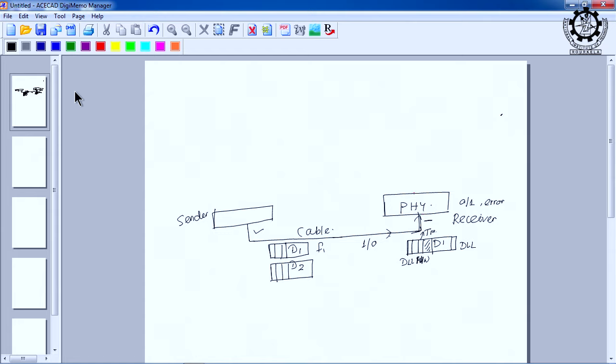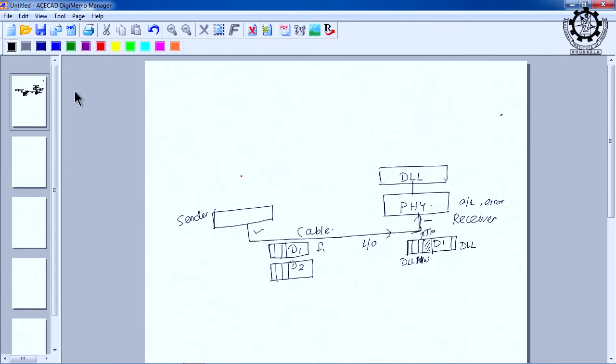Now, after this, the physical layer sends the data to its upper layer, that is the DLL of the receiver side. Because the sender DLL has sent a header as well as a trailer to its peer layer, the peer DLL, this header and trailer are understood by the corresponding DLL of the receiver.